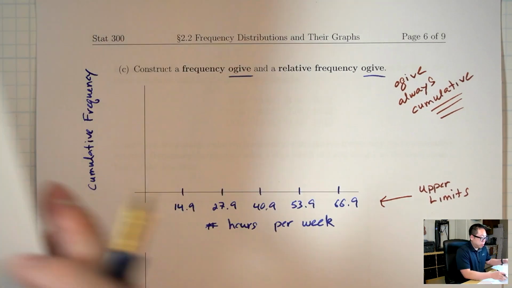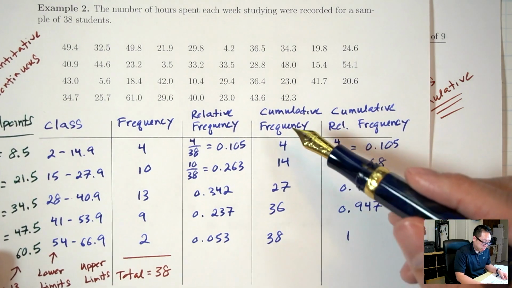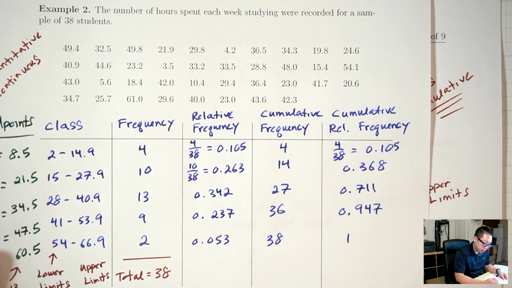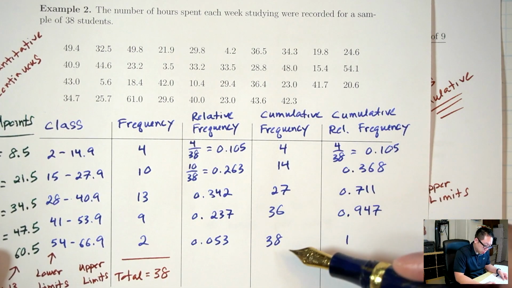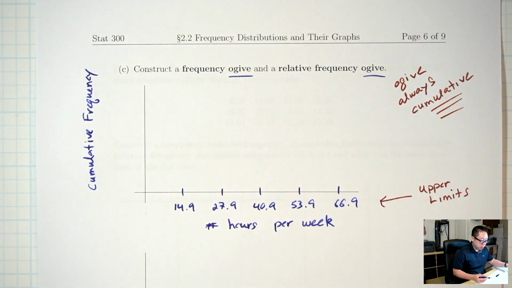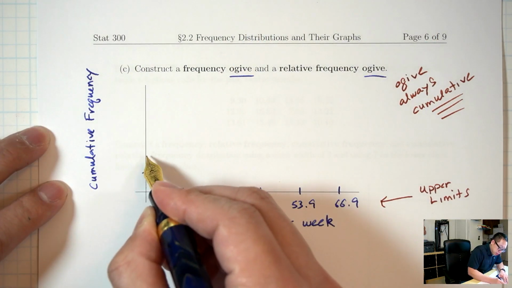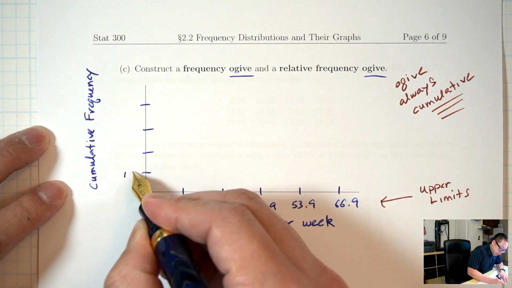So my cumulative frequencies is this column here. So 4, 14, and 4 in the low end, and then it goes all the way up to 38. So I think I'll count by tens here. So 10, 20, 30, 40.